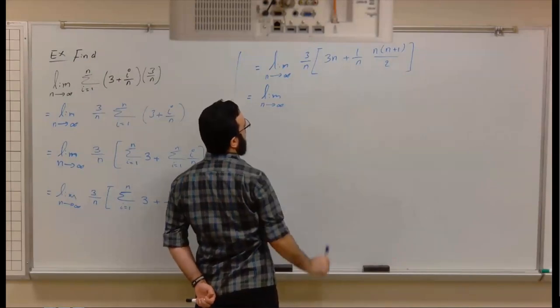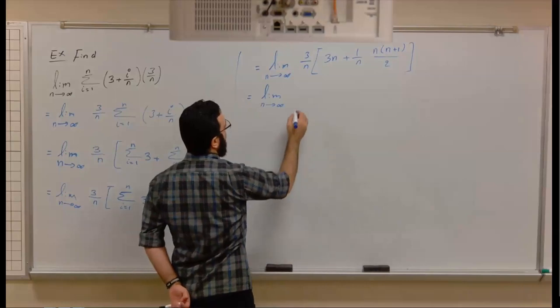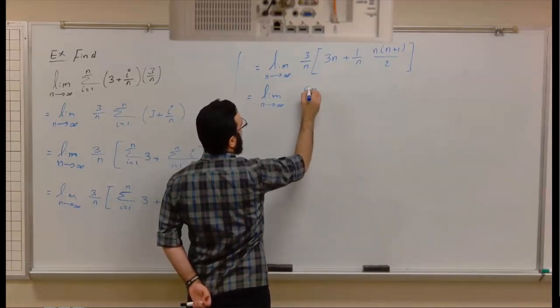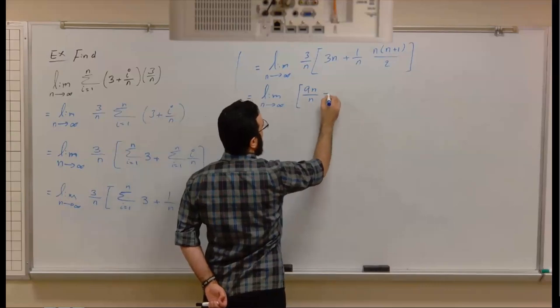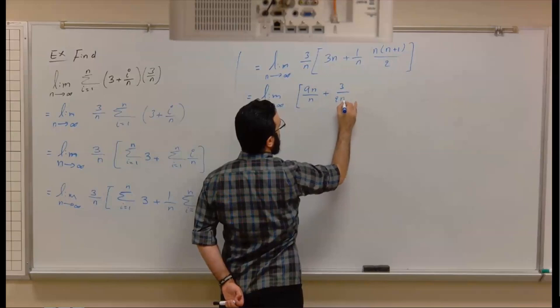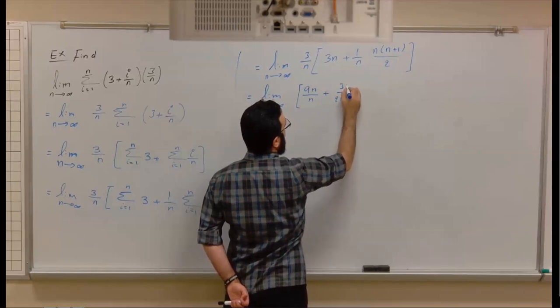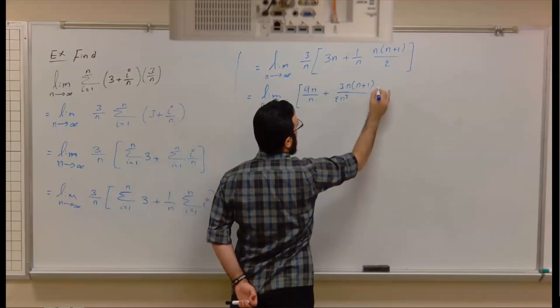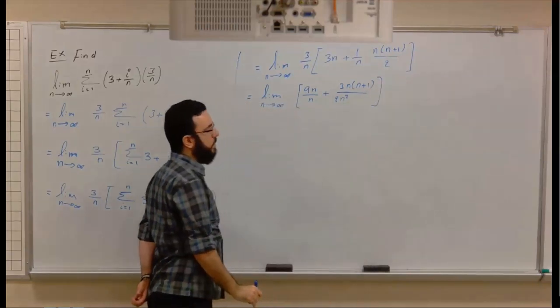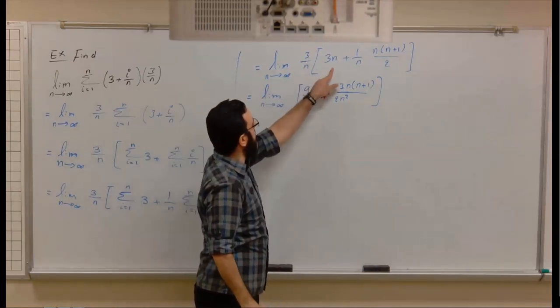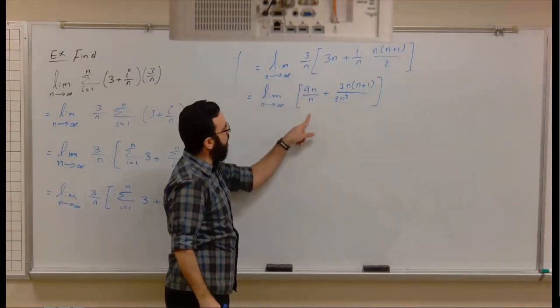So 3 over n times 3n is going to be 9n over n, plus 3 over 2n squared, and here is n times n plus 1. Yes or no? 3 over n times 3n is going to be 9n over n.